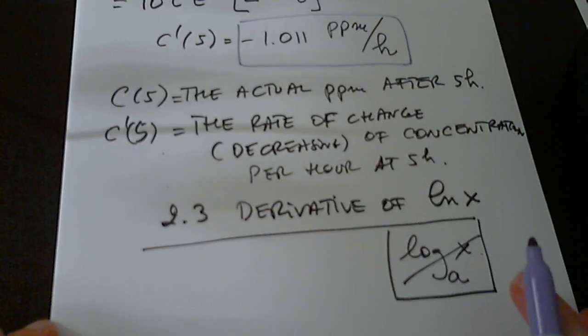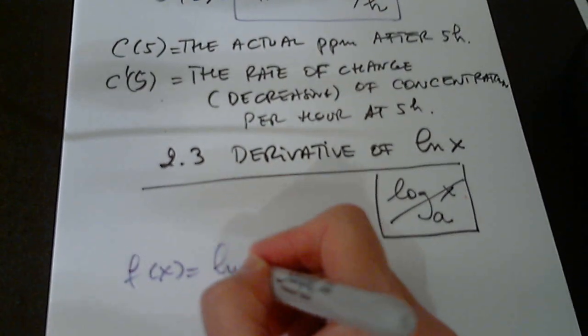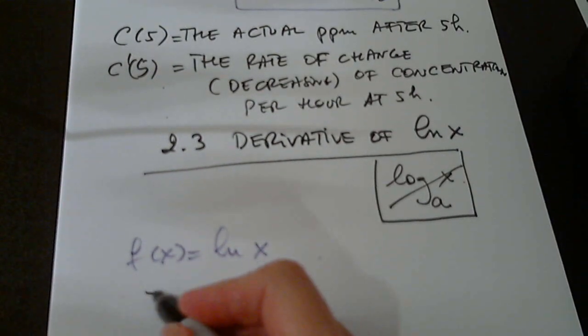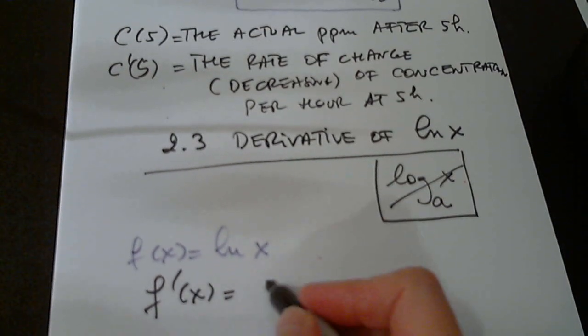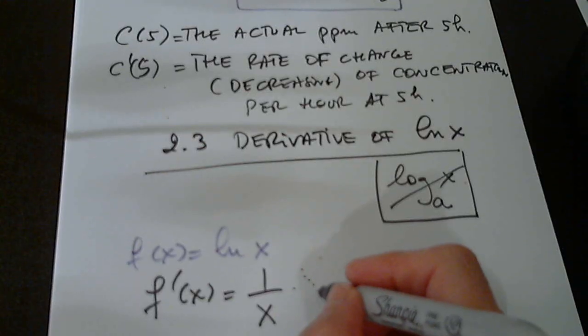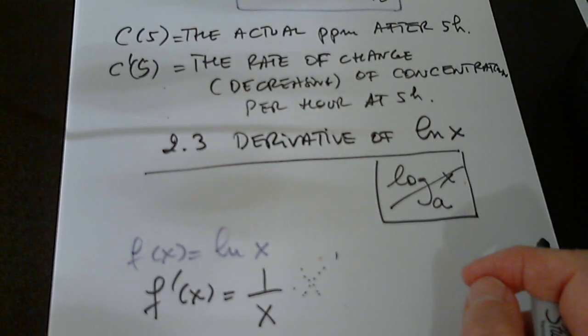So when a function is given to us in the form of natural log x, and we are asked to differentiate this function, f prime of x is 1 over x. I should write times the inner function prime, but that's not needed because it's 1.